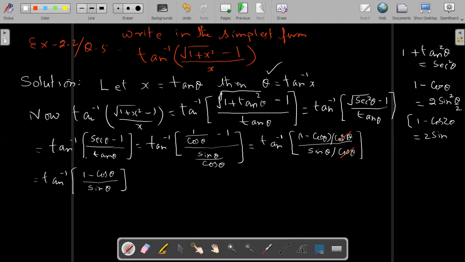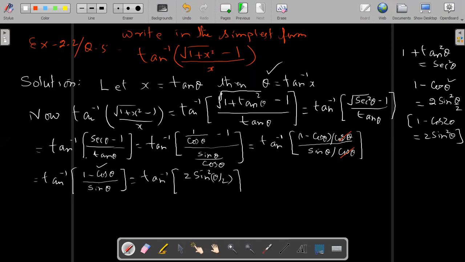But here this formula is converting into half angle, so theta will become theta by 2. So 1 minus cos theta can be written as 2 sine square theta by 2.